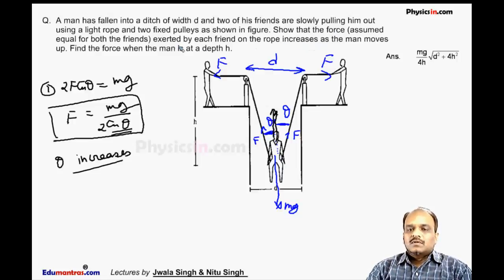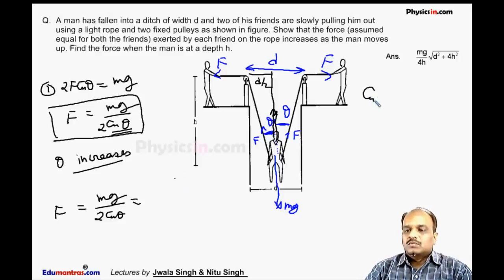Now the second one is, find the force when the man is at depth h. The force is equal to mg by 2 cos theta, and from this triangle this distance is d by 2. So cos theta is equal to base h divided by the length root over h square plus d square by 4.